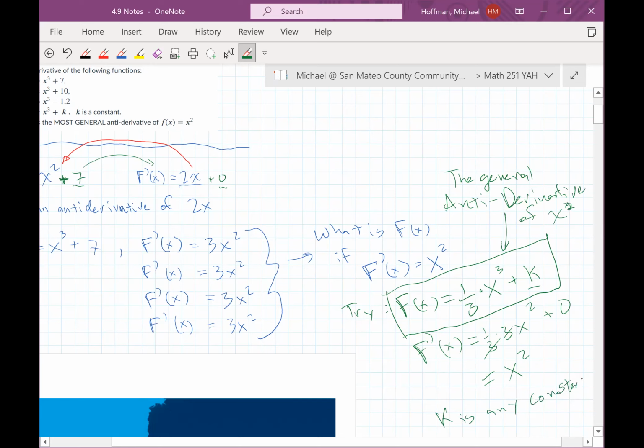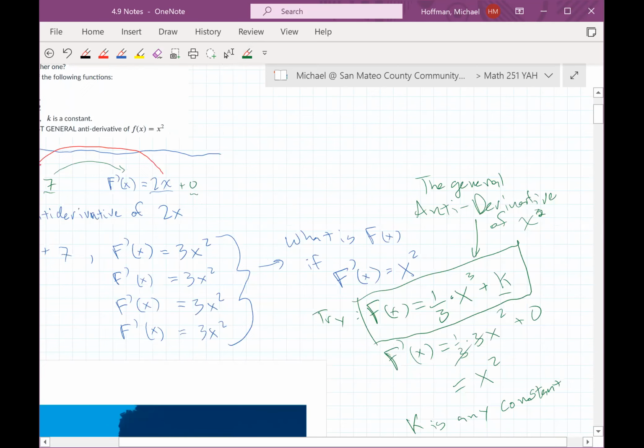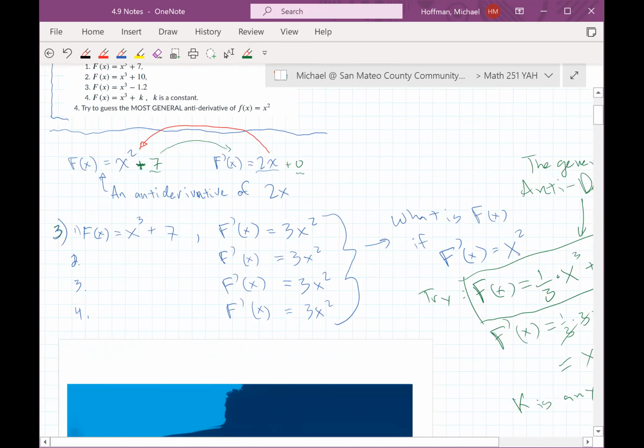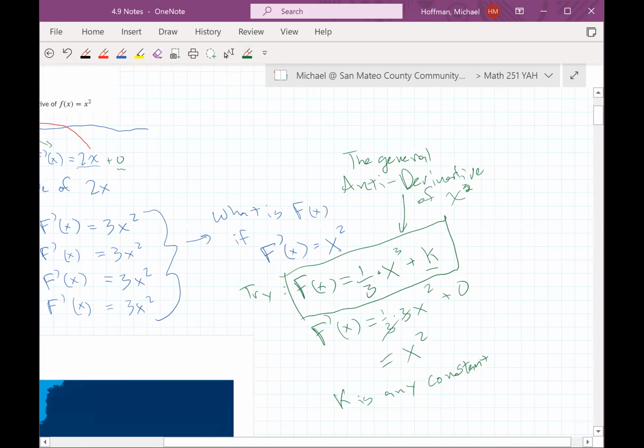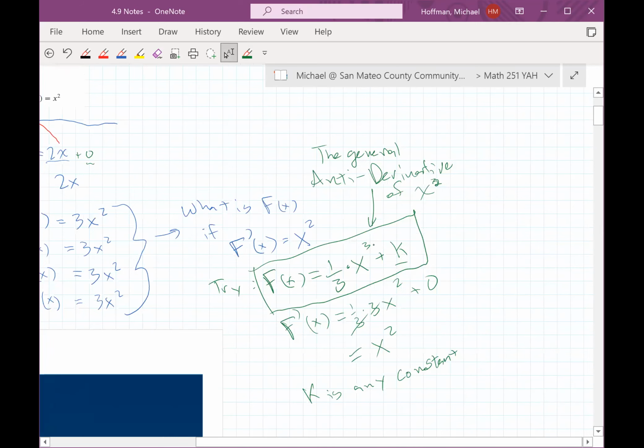Okay, so any function that looks like this, their derivative will be x squared. And just like the power rule, when we take the derivatives, we take this thing down and multiply, the inverse power rule will mean that we increase the exponent and divide, okay?